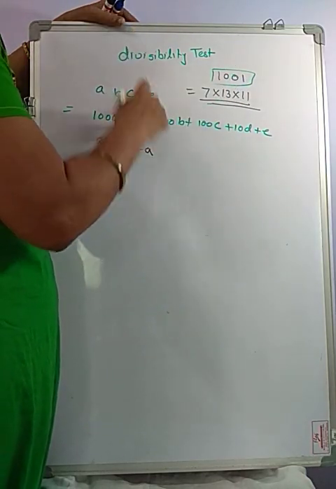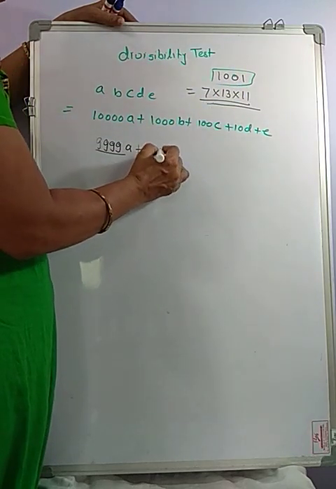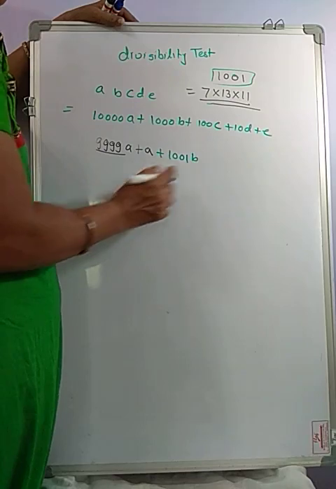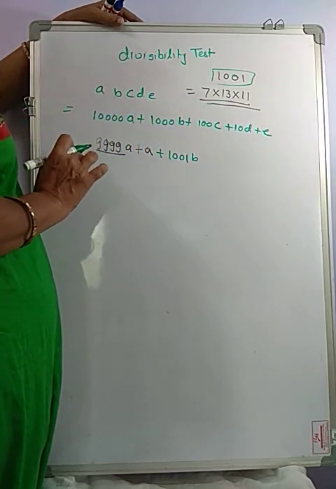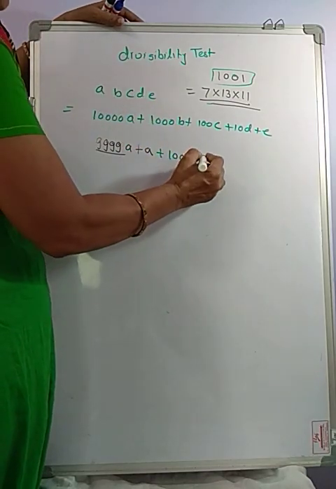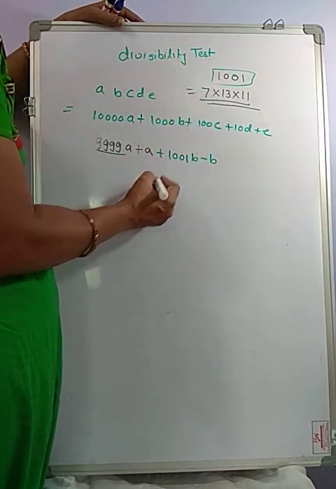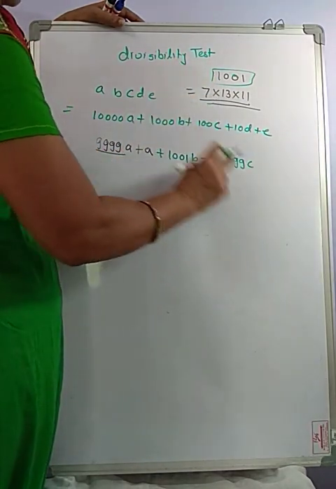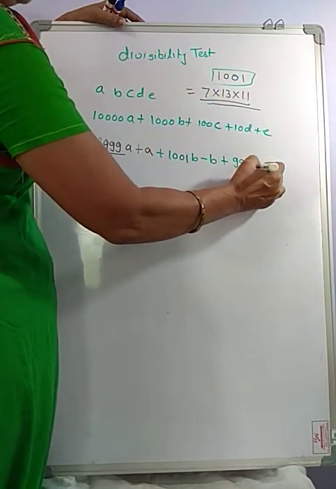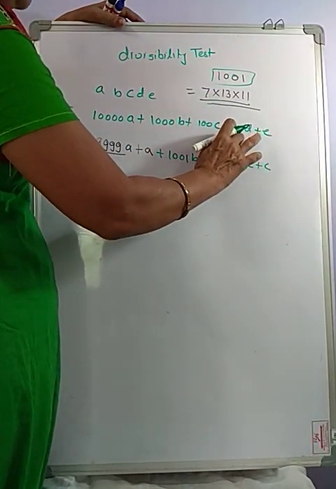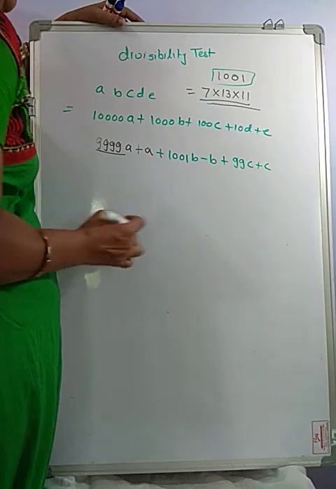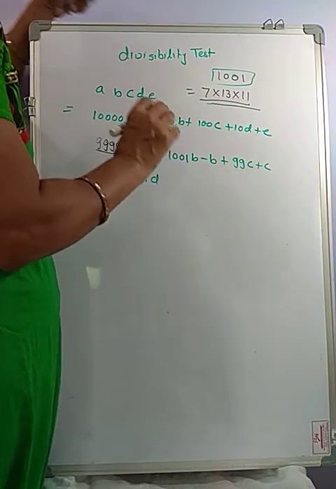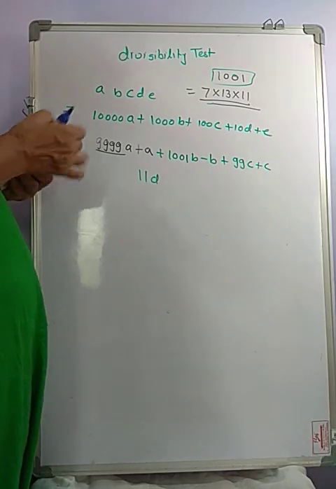So this number can be taken ahead. So we take 1001B, but our number should not change its value, so we have to subtract B. Plus again 99C, since 99 is divisible by 11, plus C. Again 10 is not divisible by 11, so here we take 11D minus D.